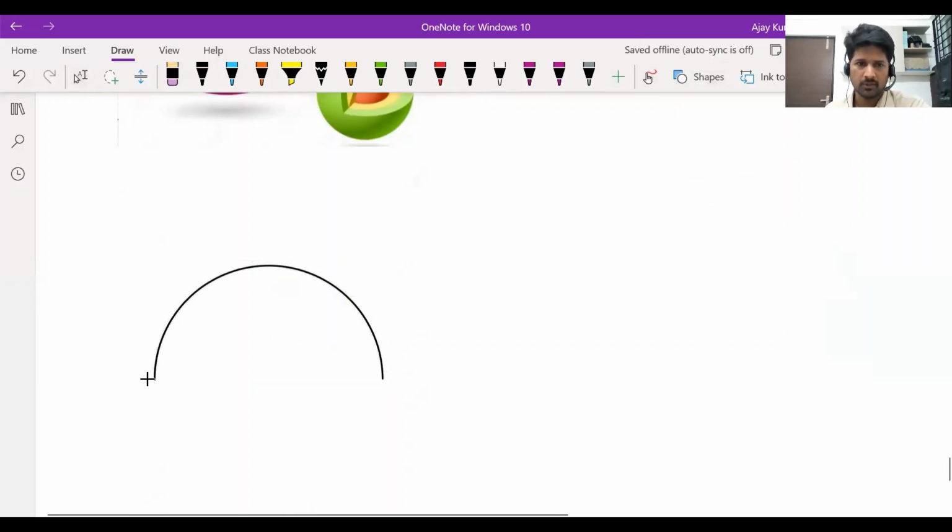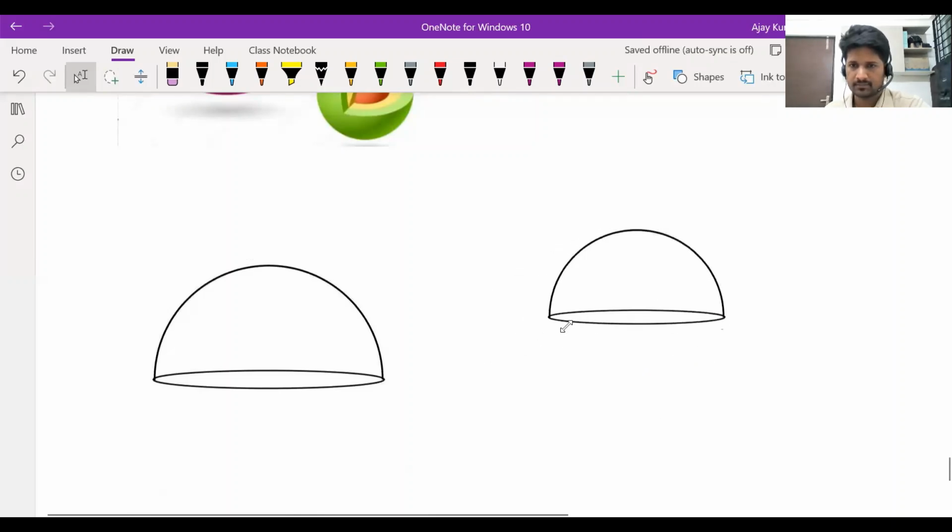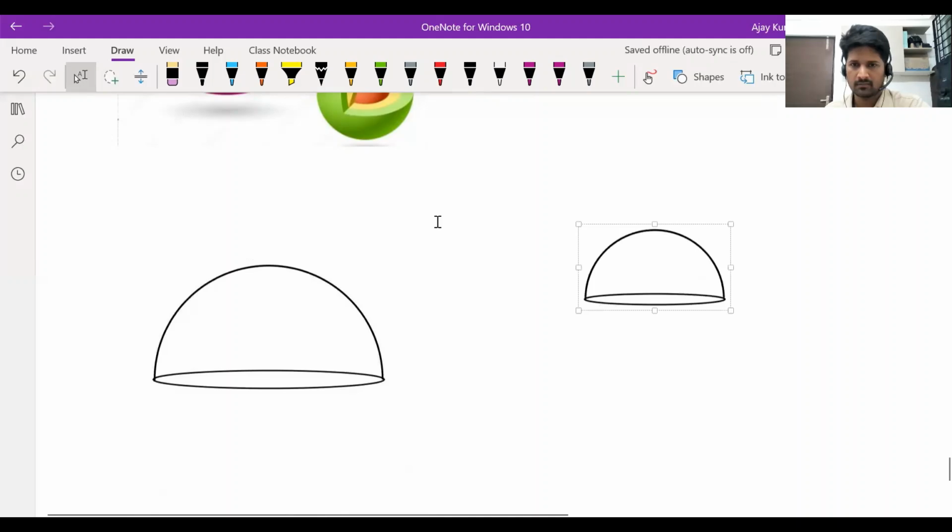So assume this is the boundary of the solid hemisphere that is given to you. What you now need to do is treat it as a collection of shells like this. Okay, thick shells.